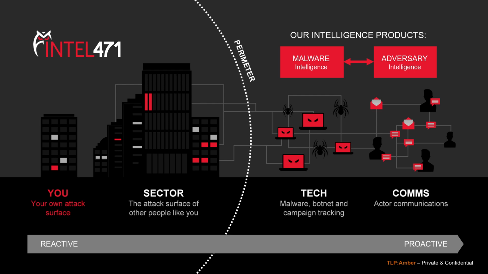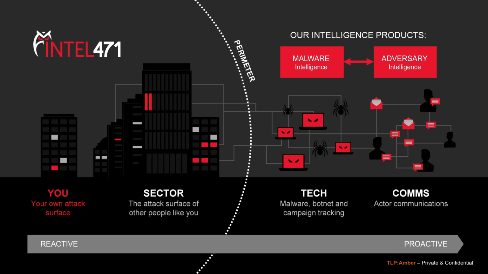So in order to get ahead of what's coming your way, instead of waiting for it to turn up at your perimeter, organizations start looking at other organizations like themselves or located in the same industry, the same vertical, the same region, to see what threats they're seeing, to act as kind of an advanced warning.